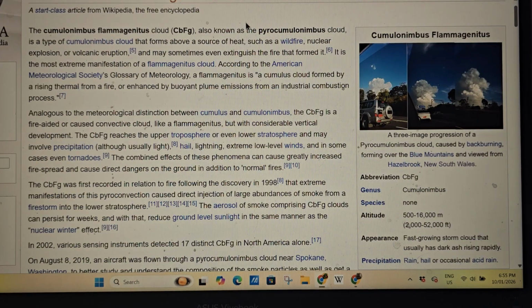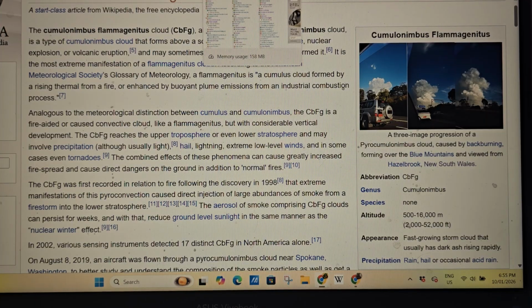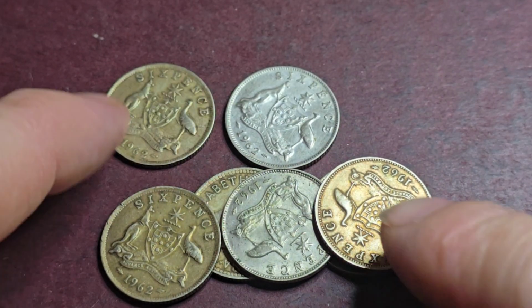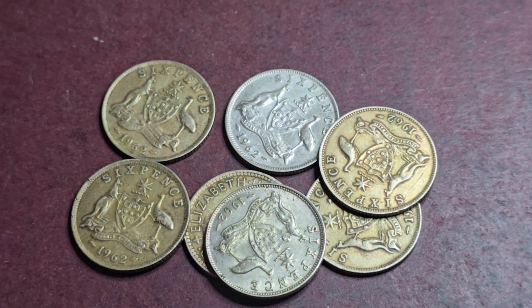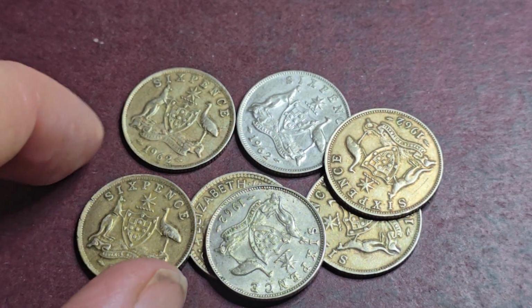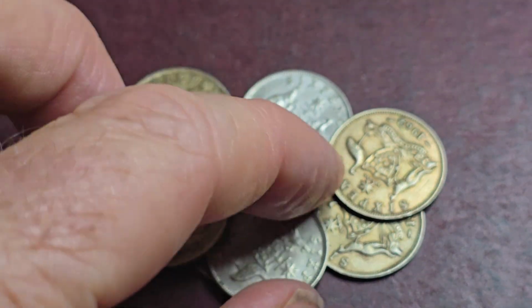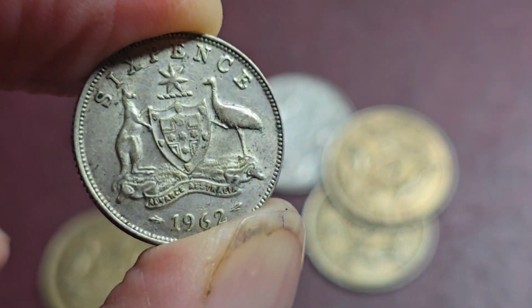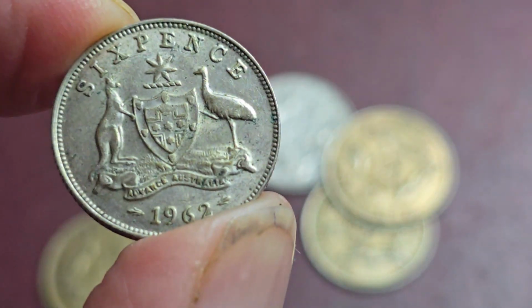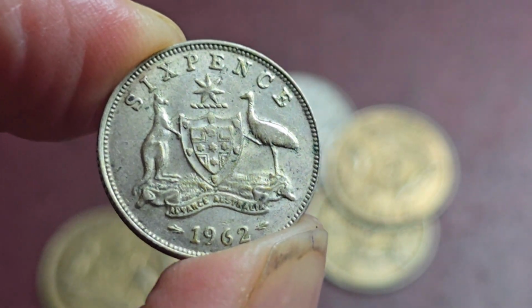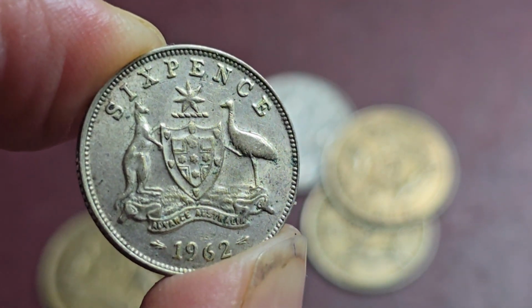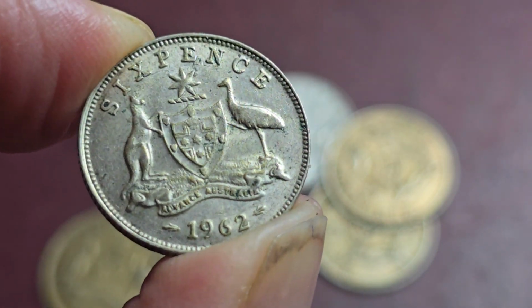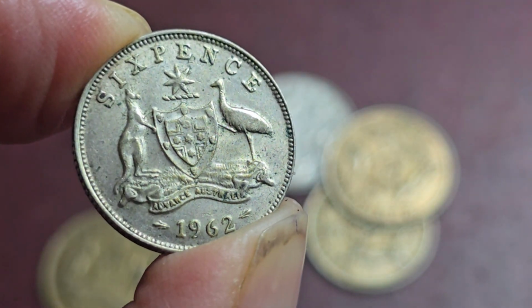Then I was looking up clouds. Okay, so the value of these is going to go up and down depending on the silver price, because most of these are actually bullion, and you can get a lot of these coins in high grade, even uncirculated, because with a high mintage, a lot of these would have been kept in reserve just in case the 1966 changeover didn't occur and they needed these coins, or there was an extra demand.